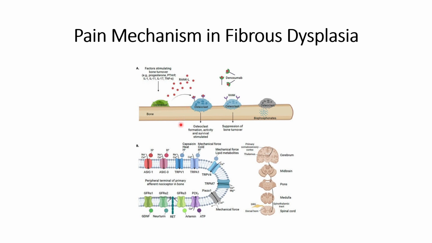So people have found that ASIC 1 and 3 are the signaling pathways that play a role in triggering pain in fibrous dysplasia.